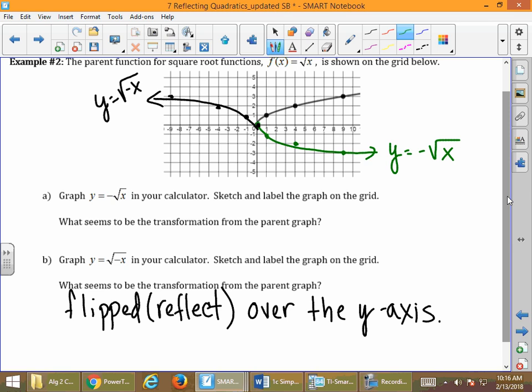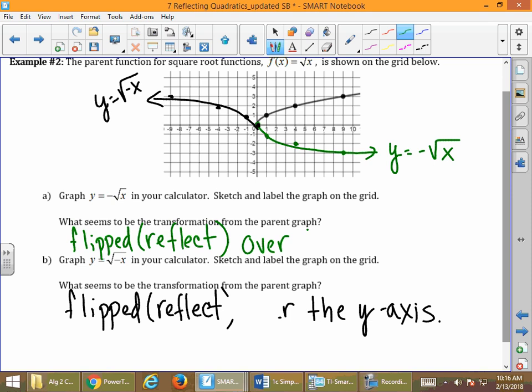But what happened when we graphed the green one is that we flipped, again the word is reflected, over the x-axis. Oh, and I erased too much. Over, there we go, the y-axis.